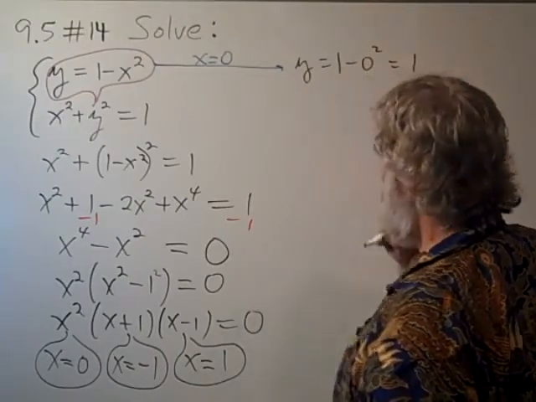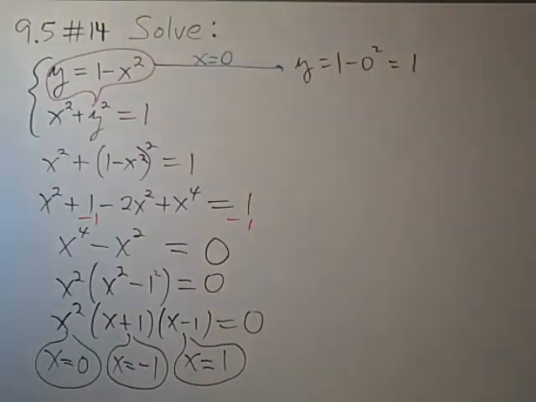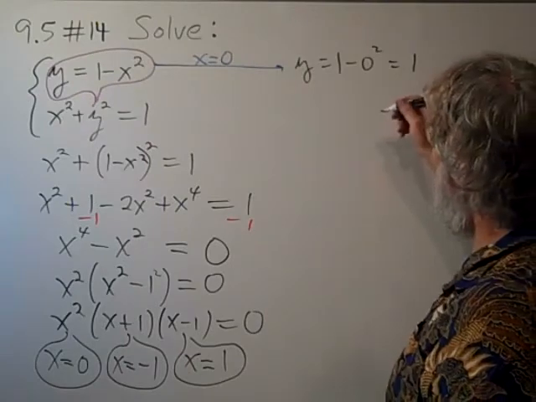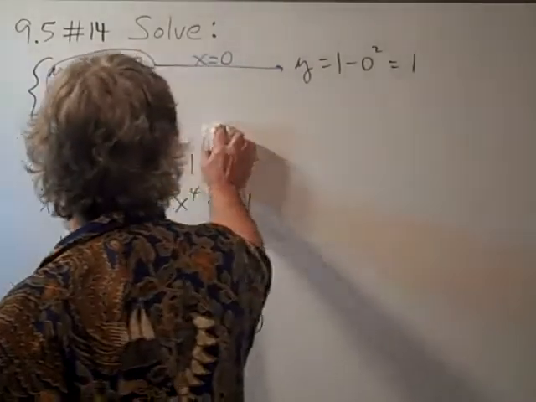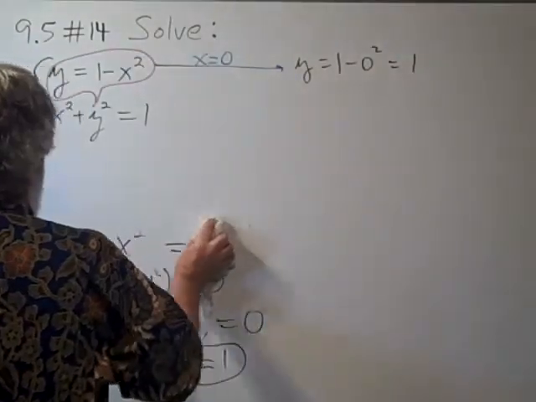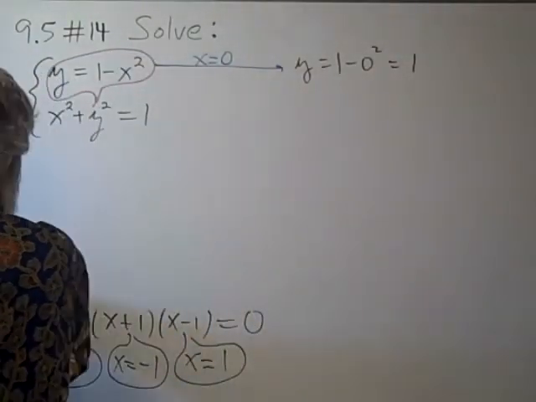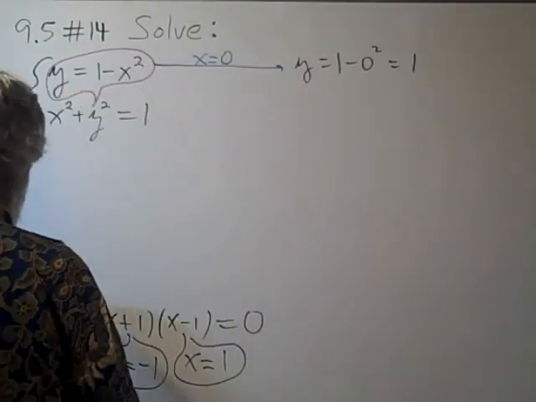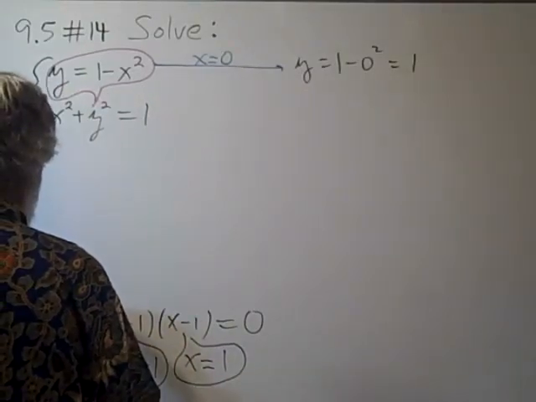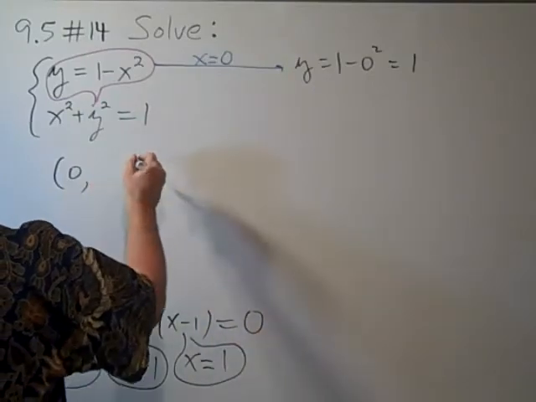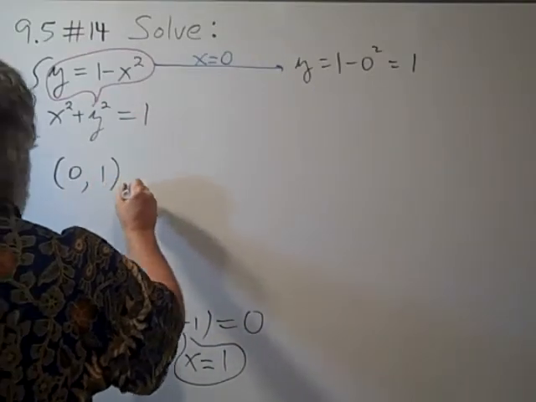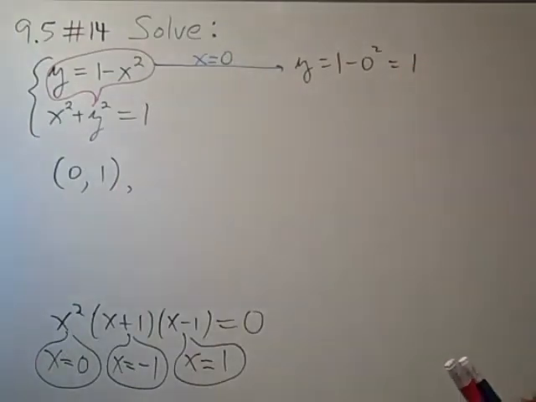Well, that's y is equal to 1. So we have our first point. Let me put that over here. So the first point has x coordinate 0 and y coordinate 1. There's our first solution point.